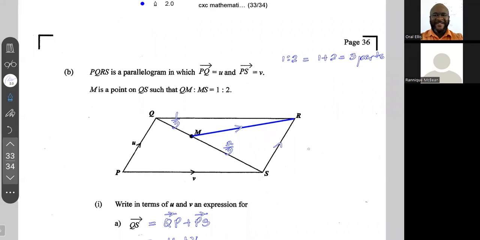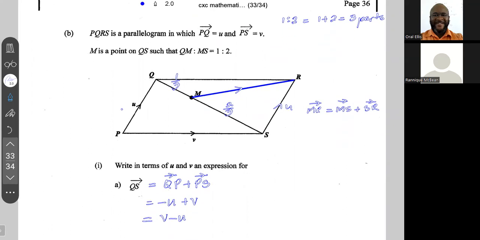MR is MS plus SR. Remember, if over here is U, over here is also U. So let's do this.